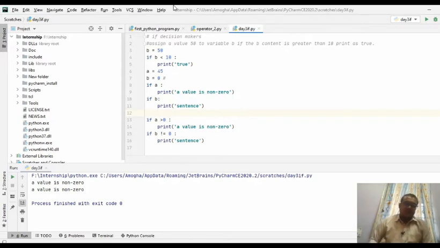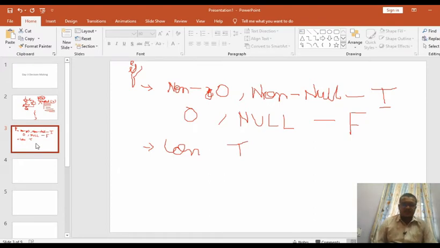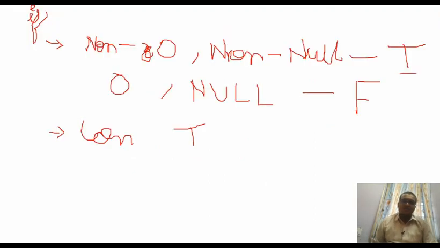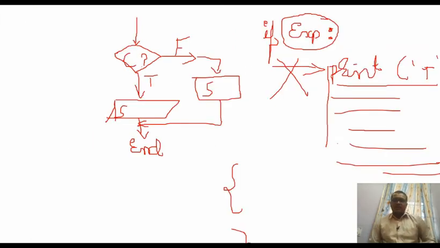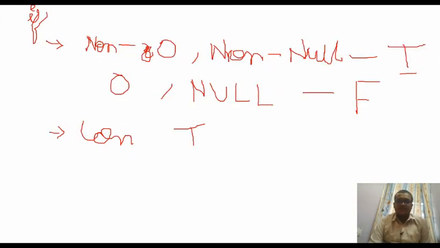So next we are having types. First we have just seen an if based on the boolean expression, true or false, that is null or non-null value, it is going to have a decision making.